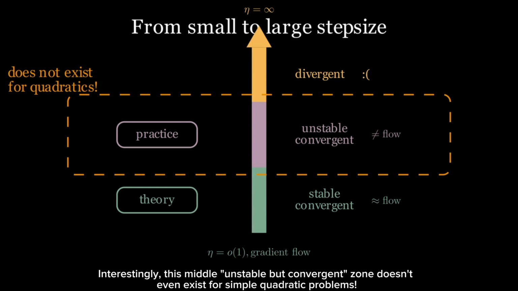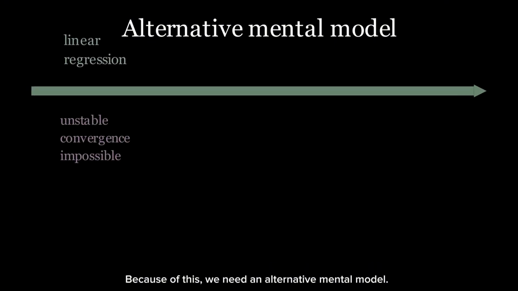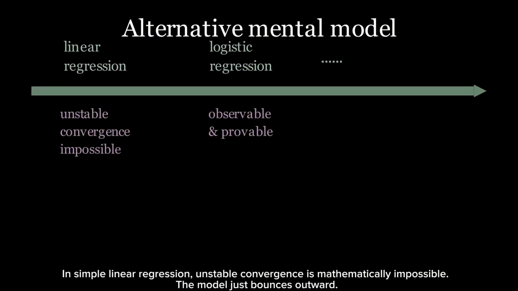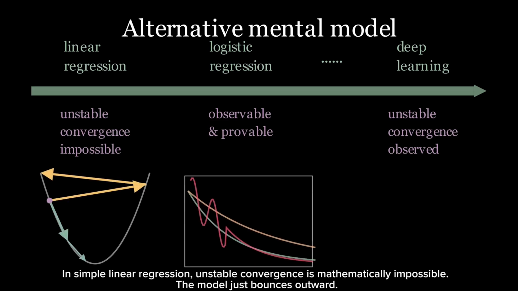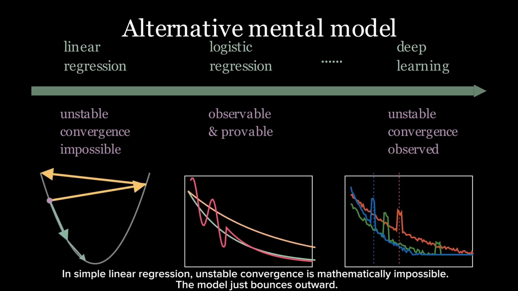Interestingly, this middle unstable but convergent zone doesn't even exist for simple quadratic problems. Because of this, we need an alternative mental model. In simple linear regression, unstable convergence is mathematically impossible. The model just bounces outward.